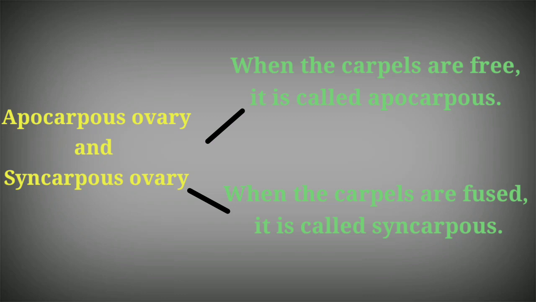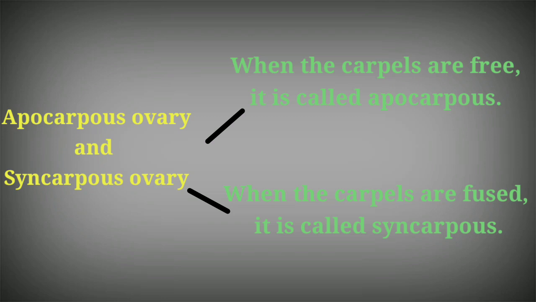Now let's come to the inner part of the ovary. As we know, the ovary bears ovules, and these ovules are attached to the ovary with the help of a cushion-like parenchymatous tissue called the placenta.